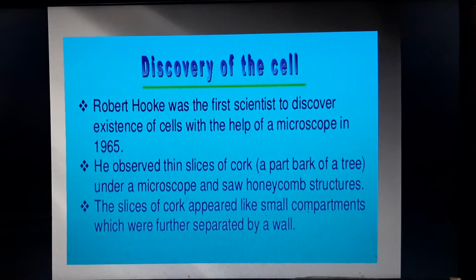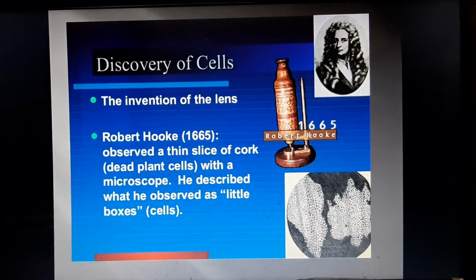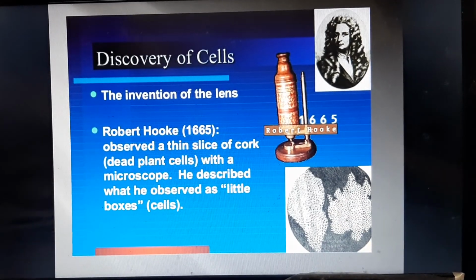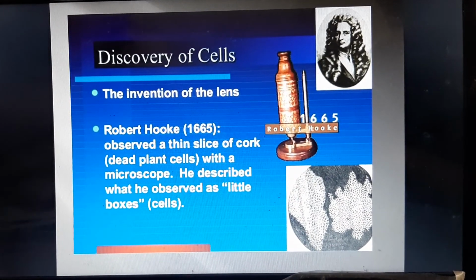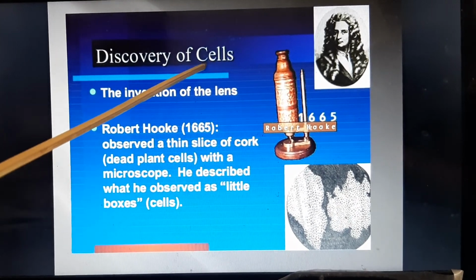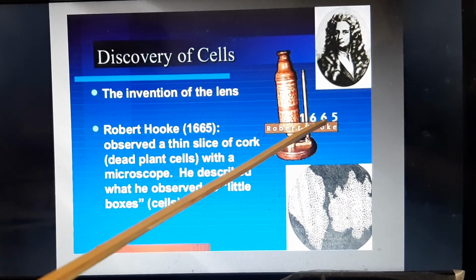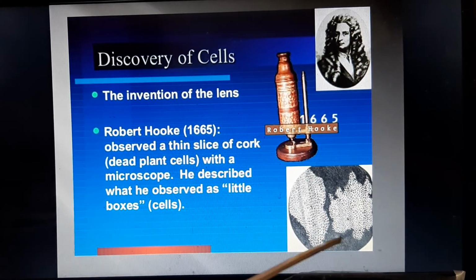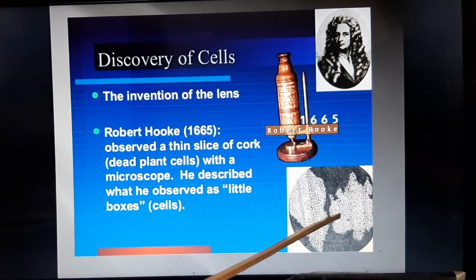After this, he named these boxes cells. Very good. So the discovery of the cell was in 1665 by Robert Hooke. He found a honeycomb structure inside the slice of cork.